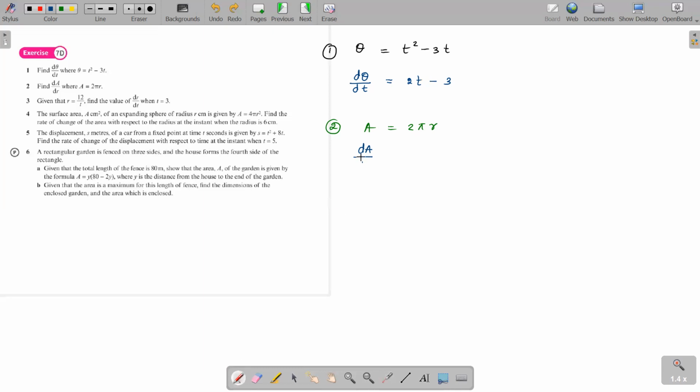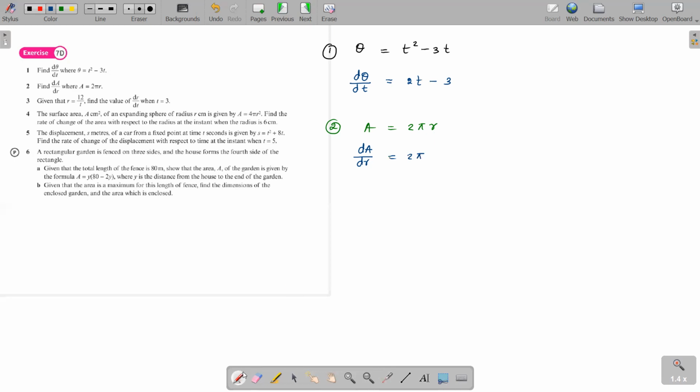Okay, so dA/dr here, because basically A is y, r is x. So dy/dx is dA/dr. We just do the same story but by using different letters. So 2 and π will stay aside. Like you have, say, a 10 here, you keep the 10, right? Leave it aside like that. Likewise, 2π will stay. Differentiate the r. What happens when you differentiate the r?